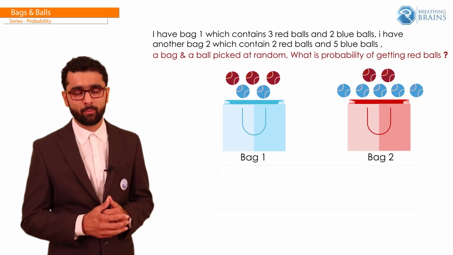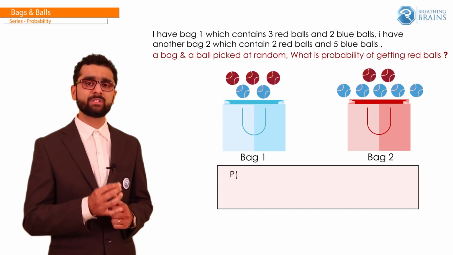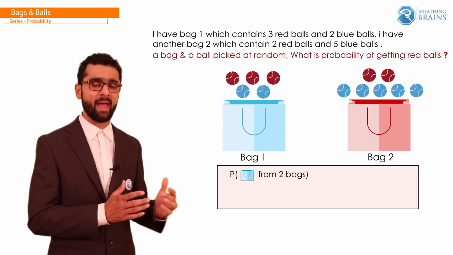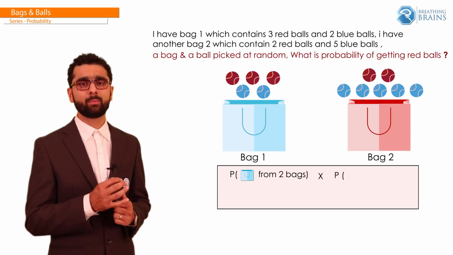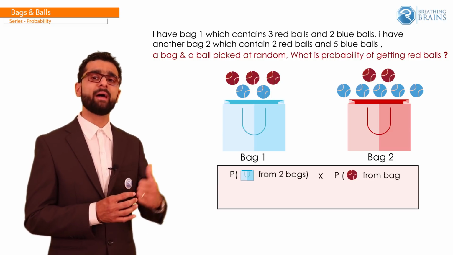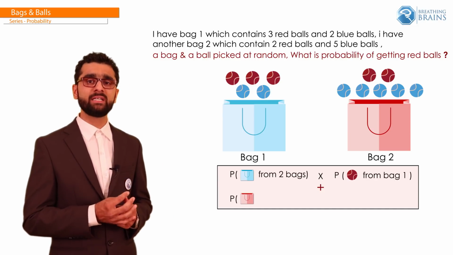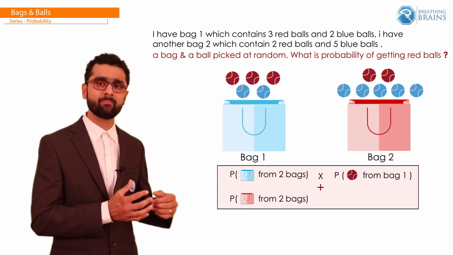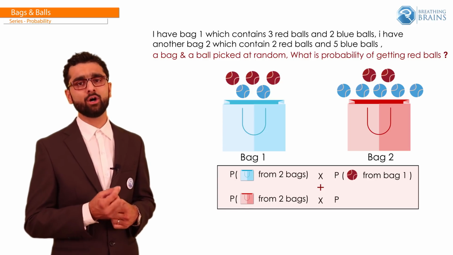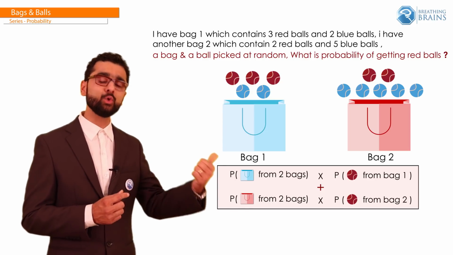So the final answer will be the probability of selecting bag 1 from both the bags into the probability of a red ball from bag 1, plus the probability of selecting the second bag from both the bags into the probability of drawing the red ball from bag 2.